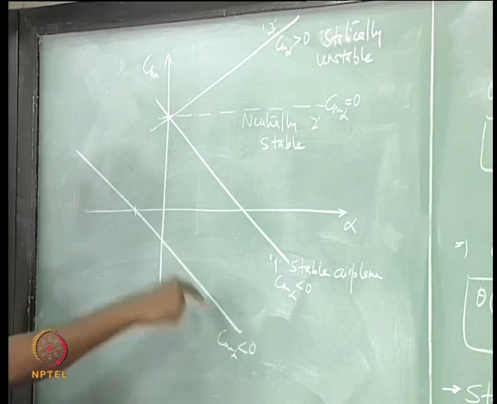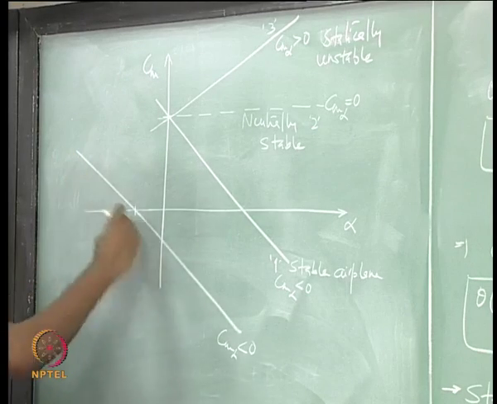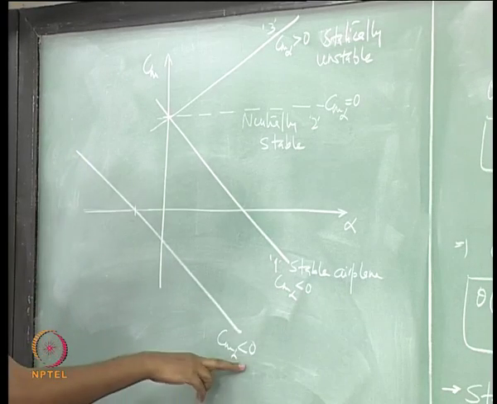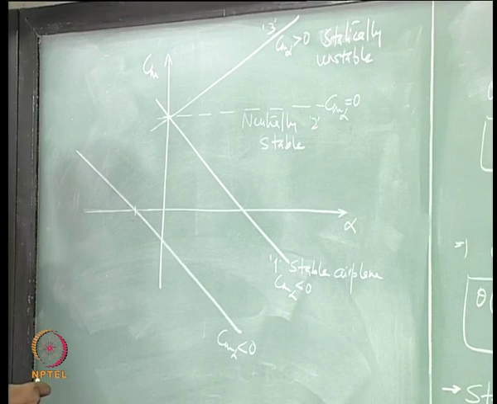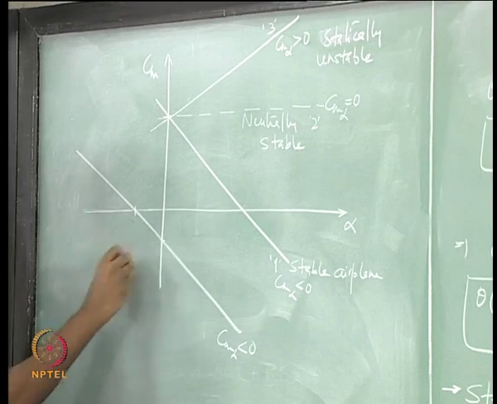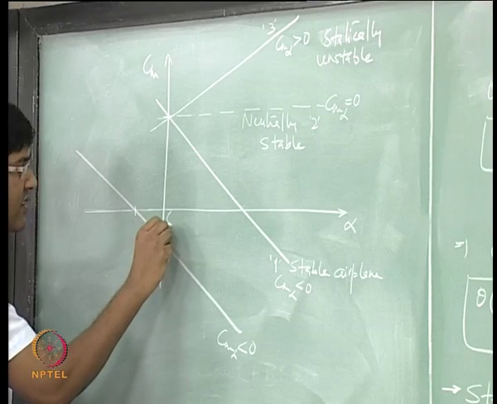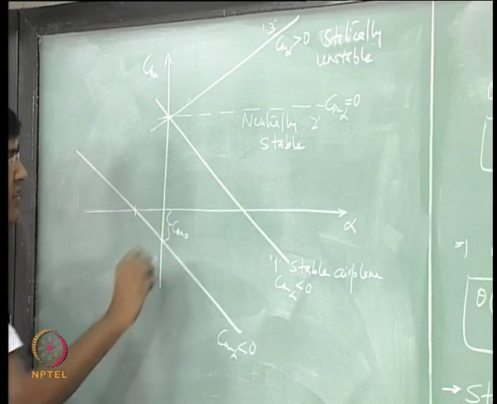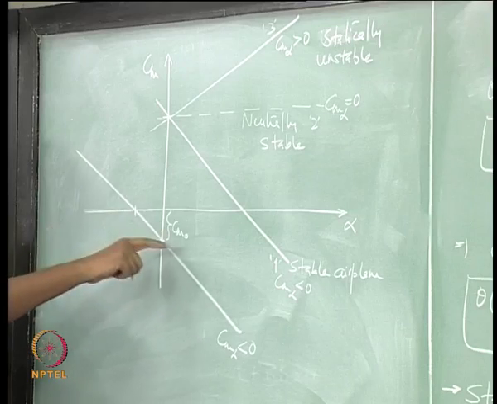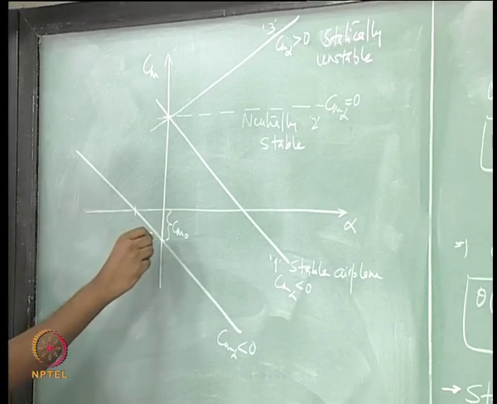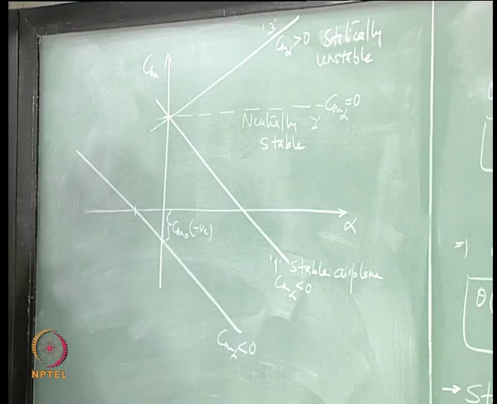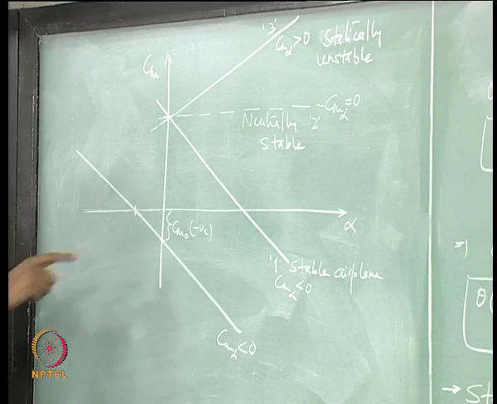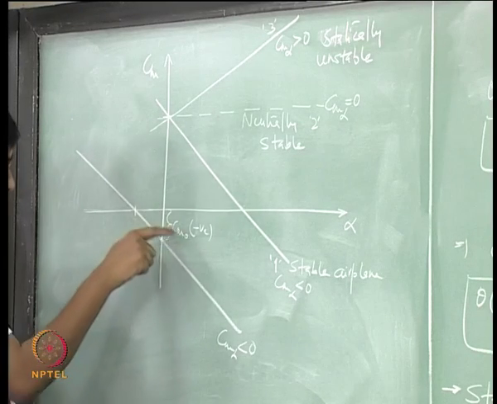So, the aircraft possesses stability, but with a slope like this, it results in the Cm naught, which is the Cm at alpha equal to 0, being negative.